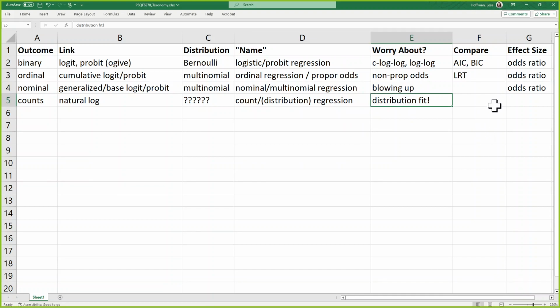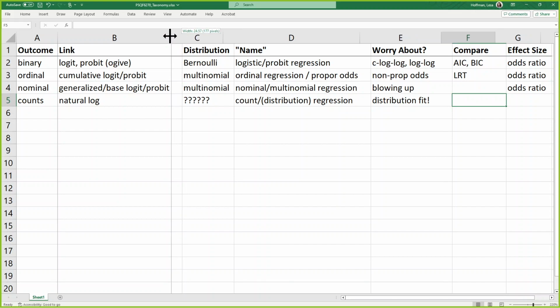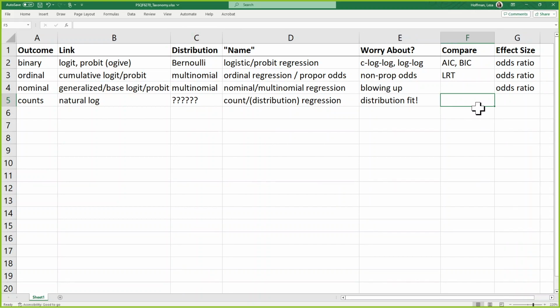What do we do to look at distribution fit? Something new that isn't on the spreadsheet yet. X2, I heard that? Close. Something needs to be 1. What's the something?